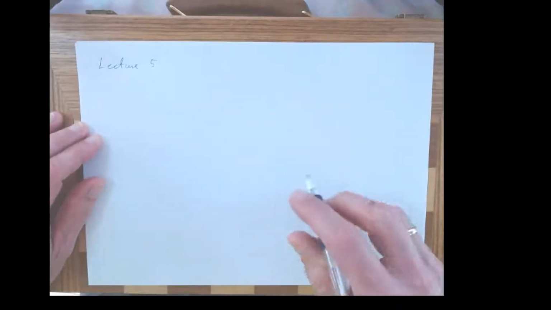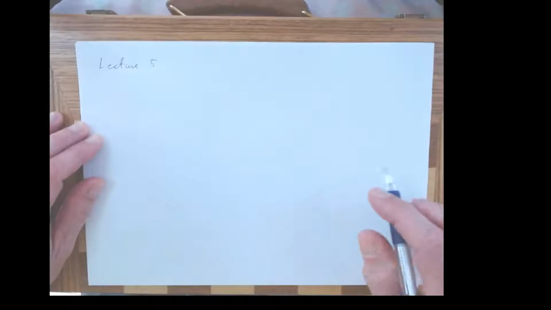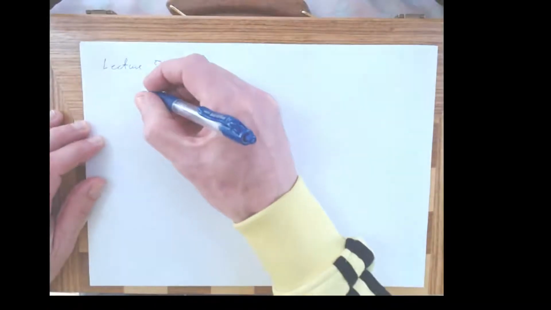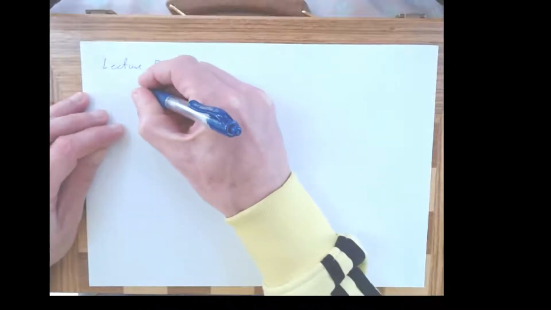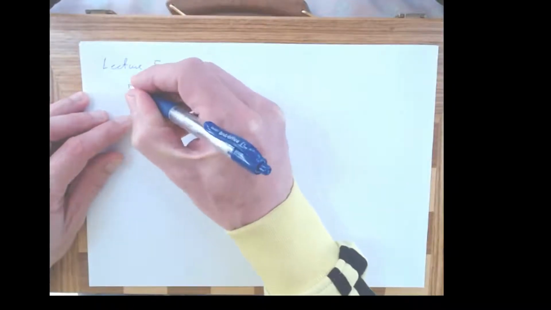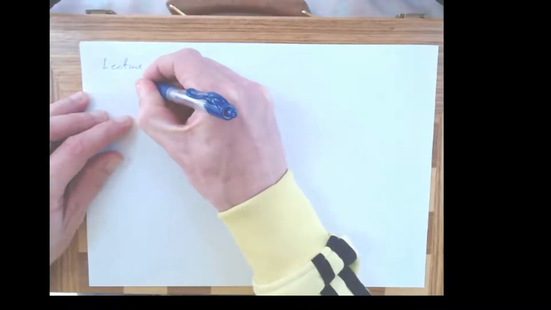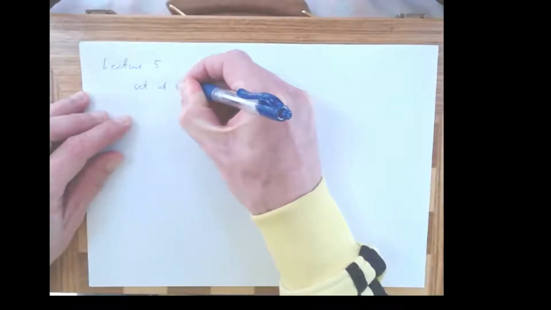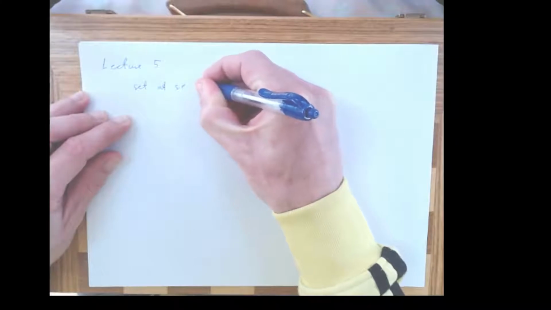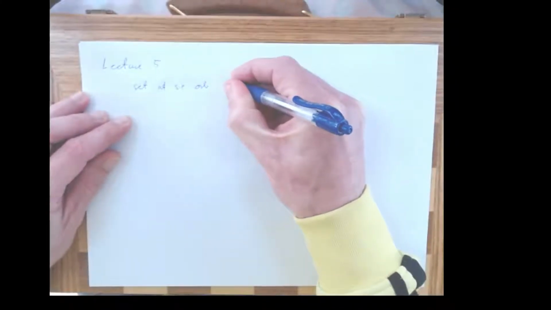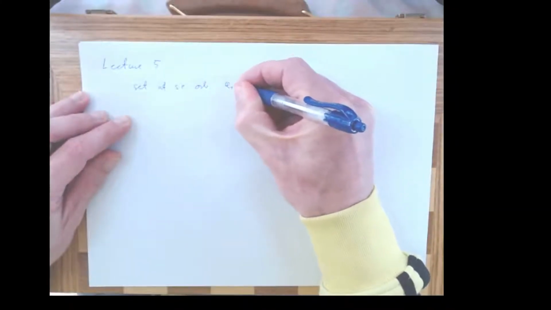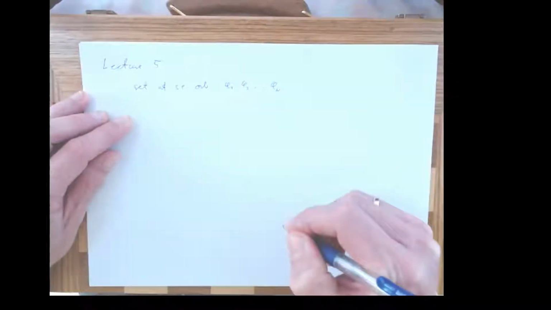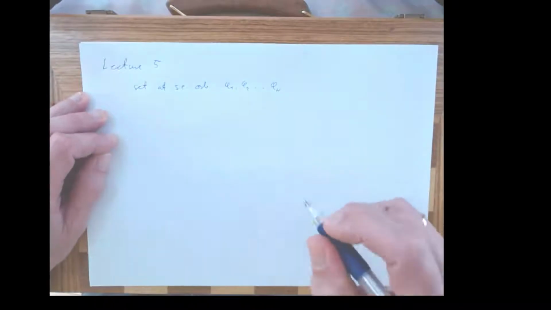So to keep things as general as we can, we'll consider two different Slater determinants. So let's assume we have a set of single electron orbitals. So they could be phi 1, phi 2, all the way up to some high number here.